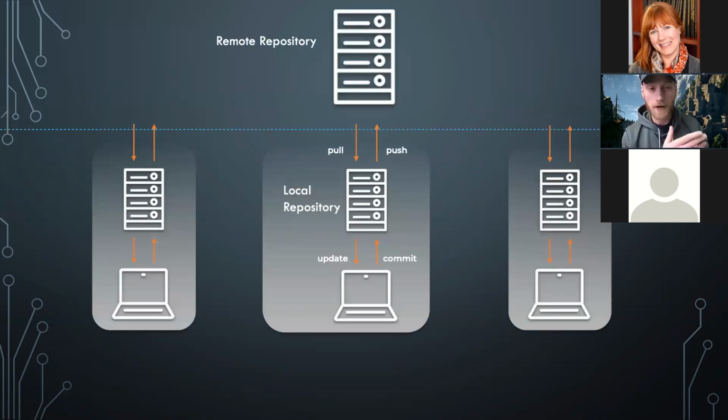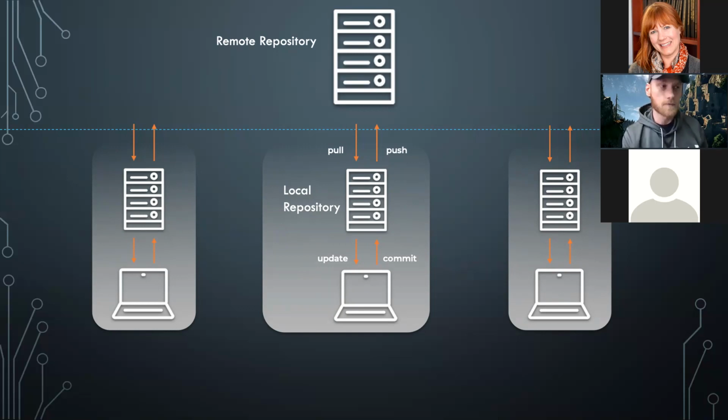So here's a little graph diagram that helps you visualize this. Above here we have our remote repository, in this case GitHub, and then we have our local repositories. You can see that many local repositories can be linked to a single remote repository, so we can have 3 different people working on 3 different machines with 3 different local repositories, and they will all be pushing and pulling to the same remote repository.